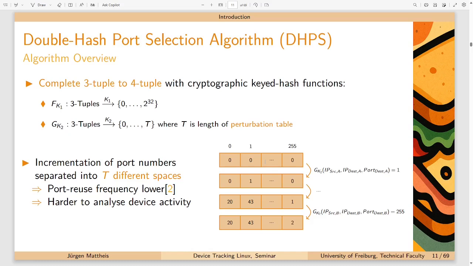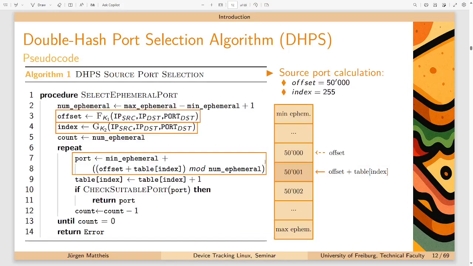This has the advantage that the port reuse frequency is lower, as stated in the paper, and it's harder to analyze device level activity, because if you have one TCP connection, then you only see one perturbation cell, and you can't guess all the other perturbation cells. And maybe just by coincidence, your perturbation cell is the one that gets all the traffic or no traffic.